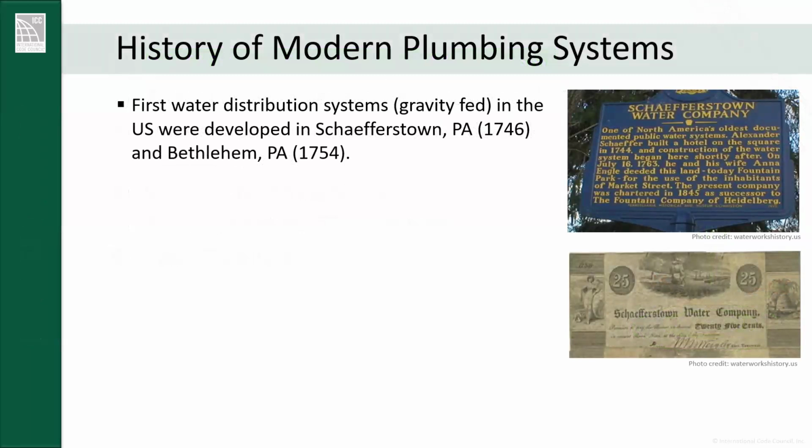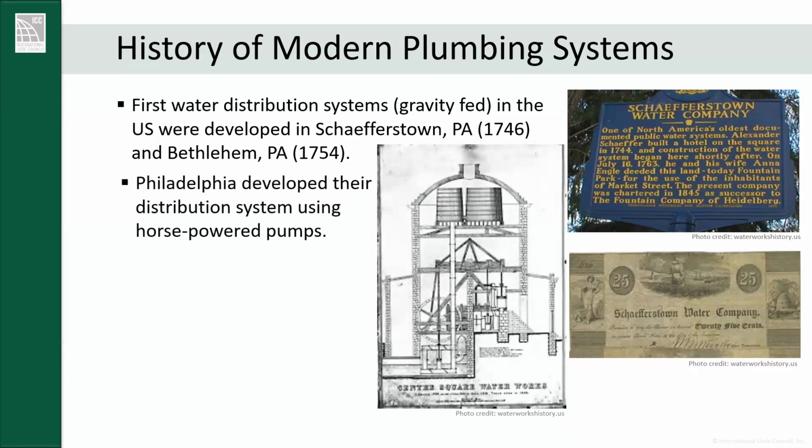So the first water distribution systems were in Schaefferstown and Bethlehem, Pennsylvania. And those go back as far as 1746 and 1754. So that's just shy of 300 years ago. But those were the initial water distribution systems that were put in place. So that's where it came early on.